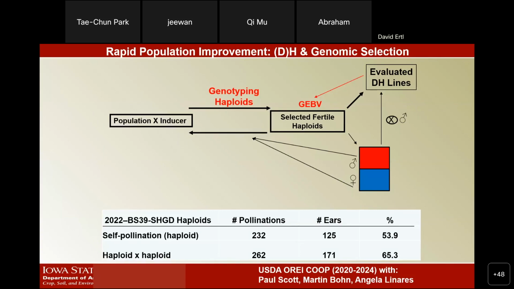So the attempted pollinations that we did last summer resulted in about 50% successful self-pollinations of these fertile haploids and more than 60% successful crosses on haploid plants. So it seems a path that is possible to pursue, but what we are observing here is that the seed set on these haploid plants is fairly limited.